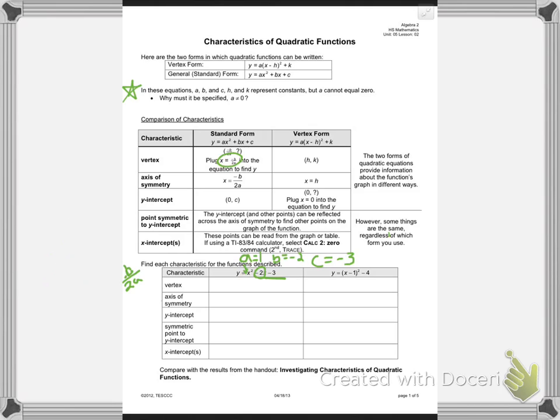Okay, so in this case I have negative b over 2a as my formula, so I'm going to put negative, and always use parentheses. My b was negative 2, so I have a negative 2 all over 2 times, and my a was 1, so I'm going to plug that in.